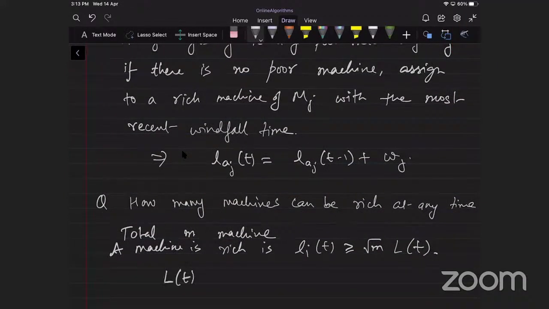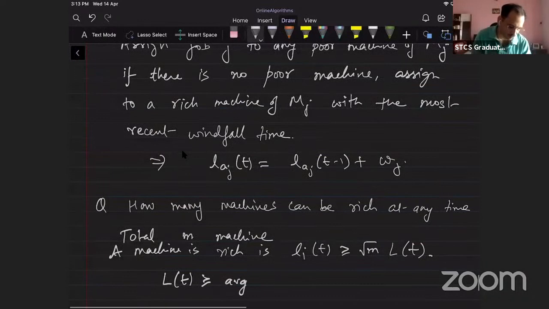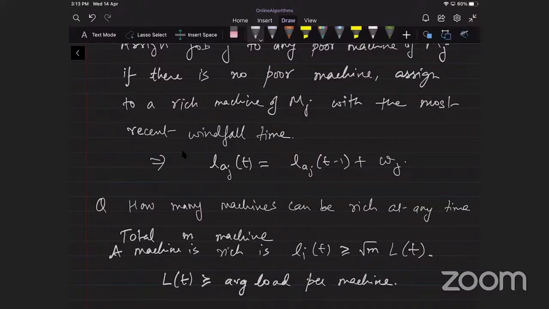And L of t is greater than or equal to the average load per machine. At most root M. Yes.